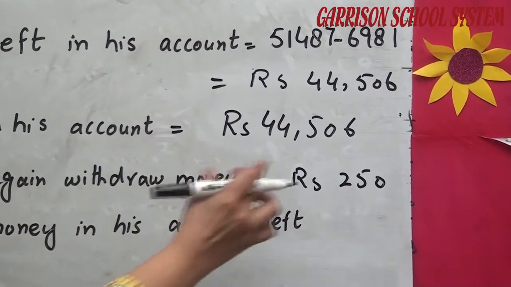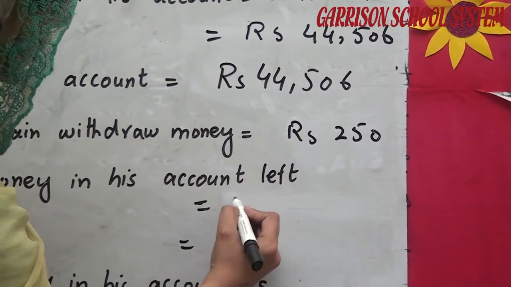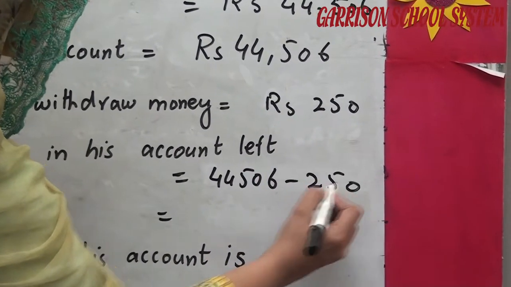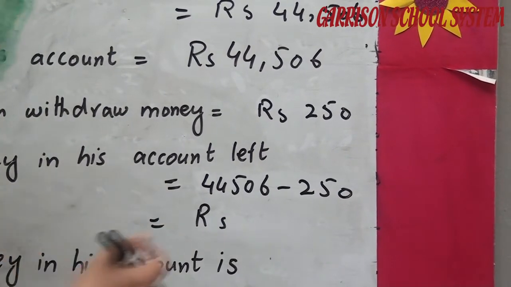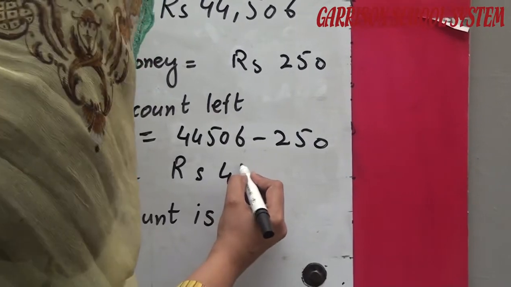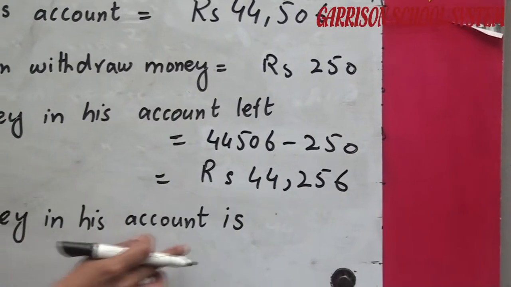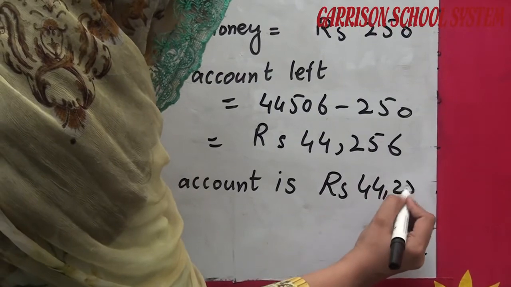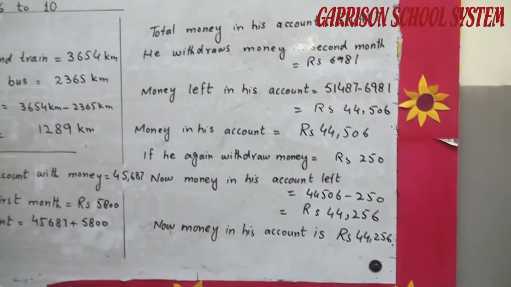So we subtract 250 rupees from 44,506, and when we subtract the money, we have 44,256. Now the money in his account is rupees 44,256. Now students, this second question is also solved.